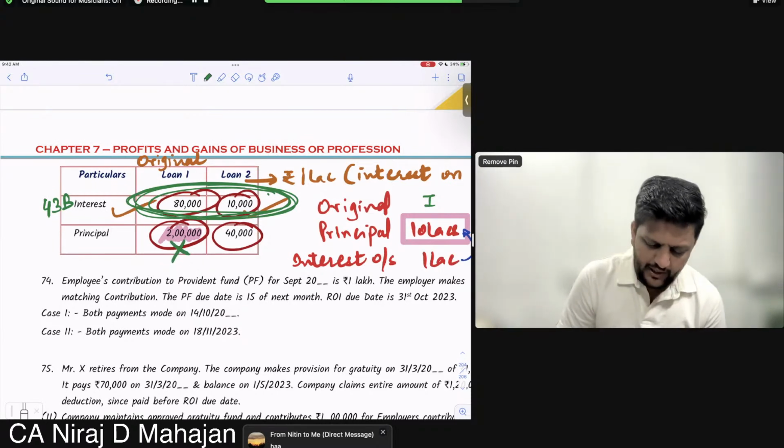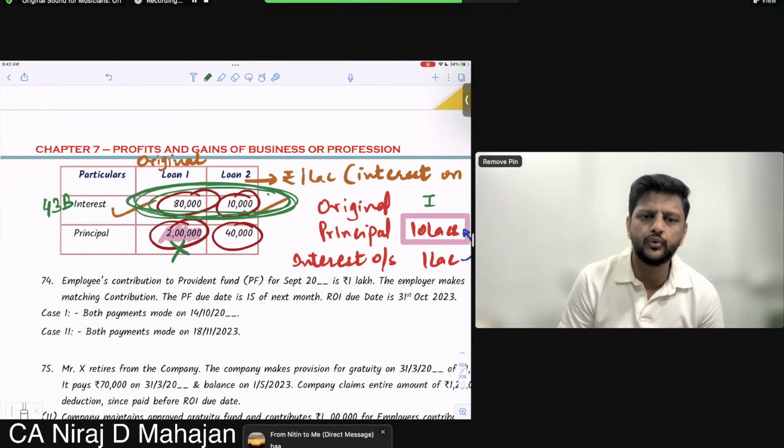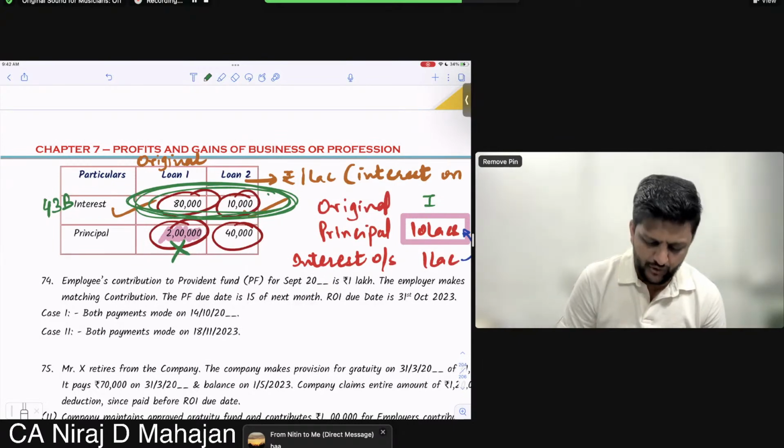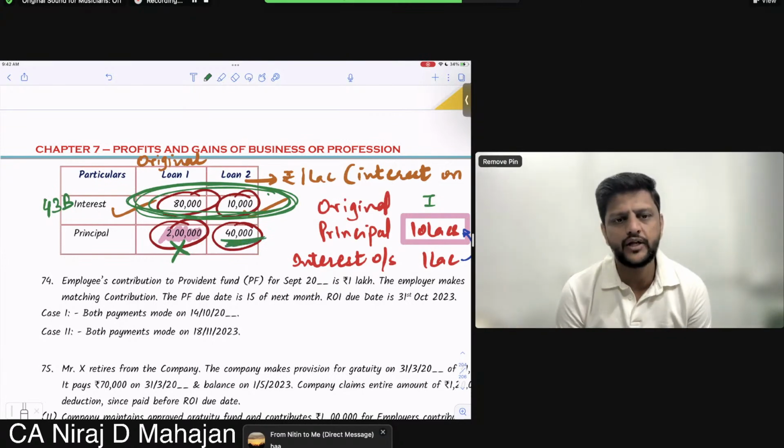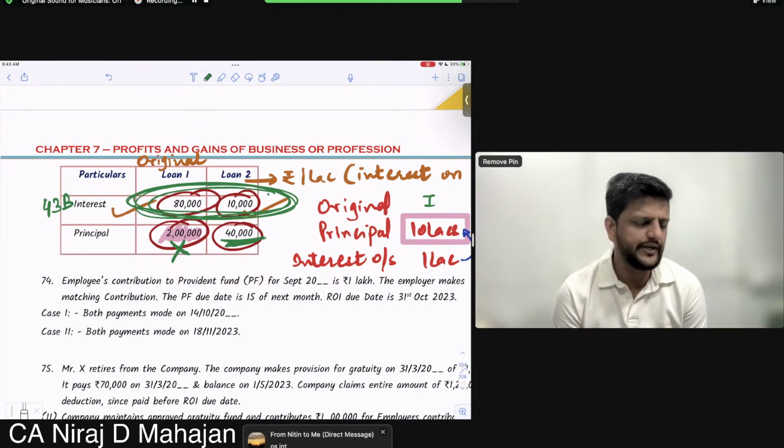But this 40,000 is paid as principal of loan 2. But what is the nature of loan 2? Why did loan 2 start? What is loan 2? The principal amount of loan 2 is the outstanding interest on loan 1.